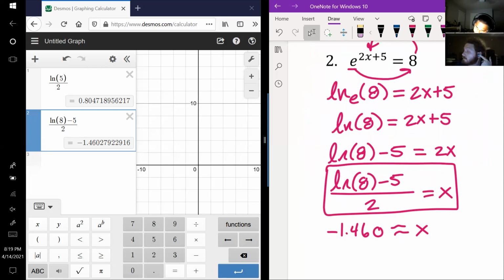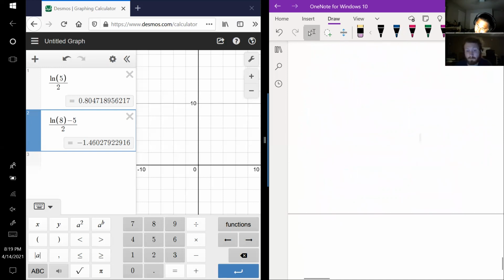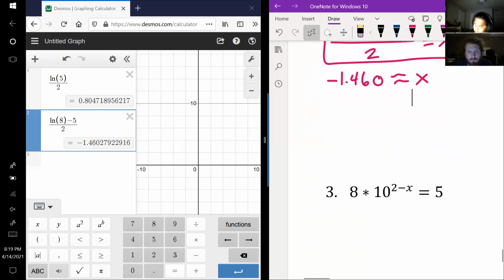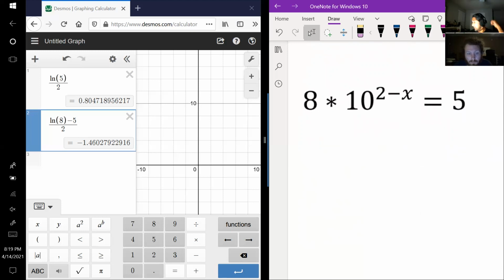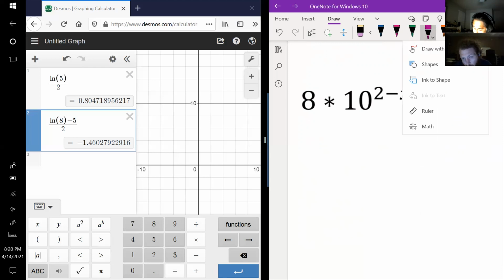Okay, that's good. I think last one. All right. Number 3. 8 times 10 to the 2 minus x equals 5. So once again, we're stuck in exponential form and we want to convert to log, but I cannot convert to logarithm until I get rid of that 8.